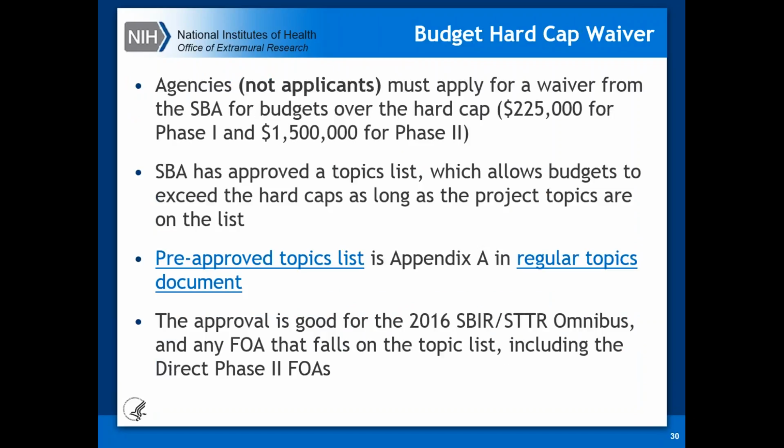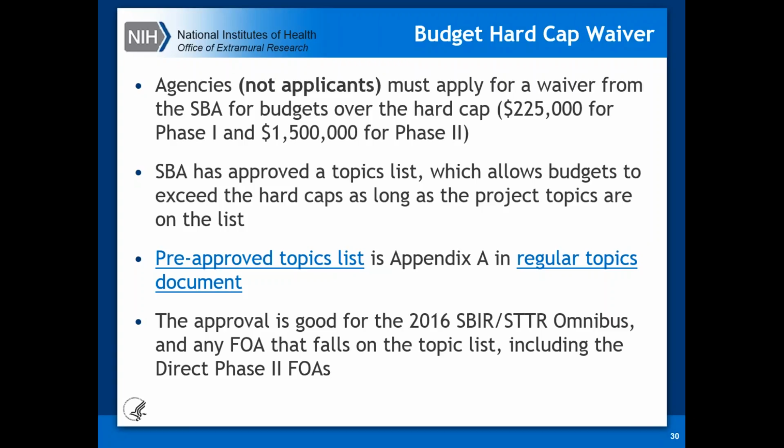There is a possibility to get SBIR awards over 225,000 for phase 1 and over 1.5 million for phase 2. This is what's called a hard cap waiver, but it's the agencies, not the applicants, who have to request this waiver from the Small Business Administration directly.